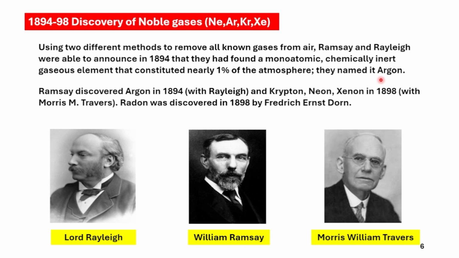They named it argon. So Ramsay discovered argon in 1894 with Rayleigh, and after that he discovered krypton, neon, and xenon in 1898 with Maurice M. Travers. Another noble gas element, radon, was discovered in 1898 by Frederick Ernst Dorn.